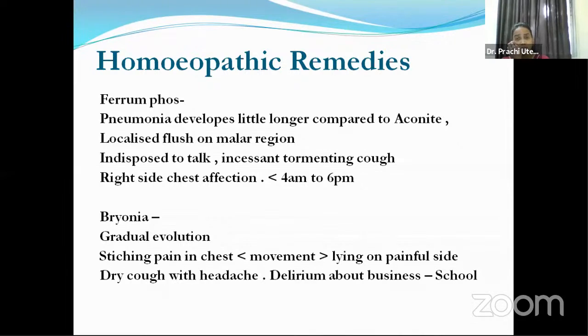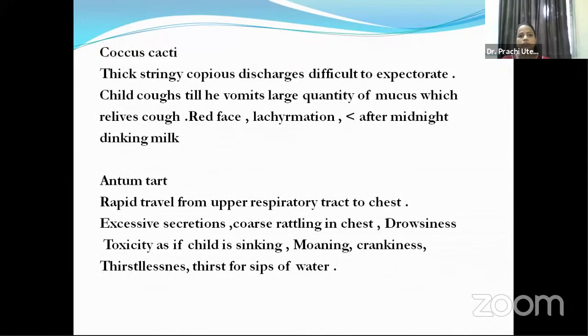In the primary variety, usually you get a gradual evolution of the symptoms, and mainly stitching pain in the chest. Pain in the chest is quite evident, with aggravation by movement, and better by lying on the painful side. Here the child will have a dry cough and headache, and sometimes delirium about business. In the next remedy, there are stringy discharges which are difficult to expectorate.